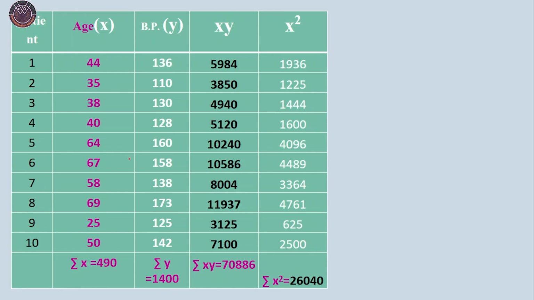We have already seen that we have the values of x and y, and we have to get the value of xy as it is required in our formula. When we calculate beta 0 and beta 1, xy will be required, and x square is also required. So we have calculated xy by multiplying each x with y, and we have got x square.